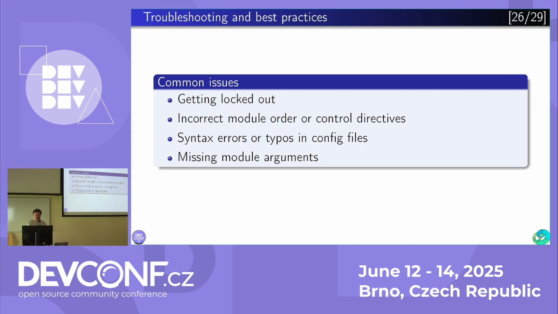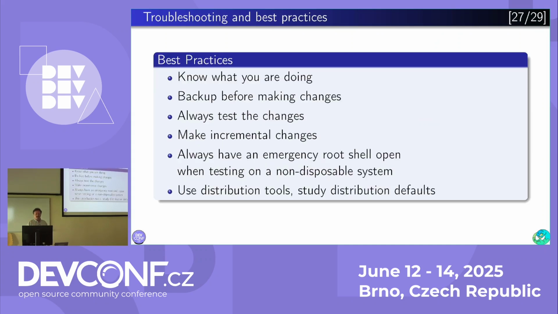Configuration files are important. So what could I say? Use your common sense. Know what you are doing, back up before making changes, always test your changes, do your changes incrementally. It applies to anything, but in case of configuring the way you're accessing the system, it's important because it can lock you out.